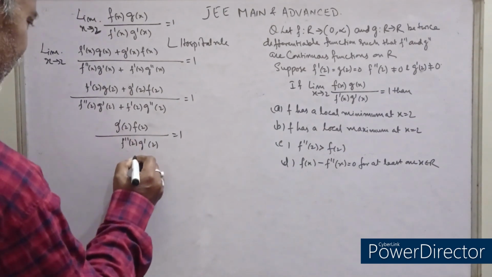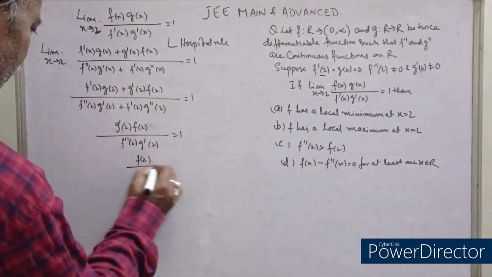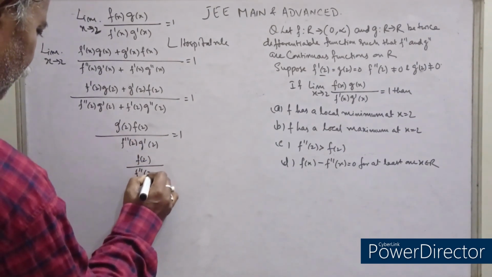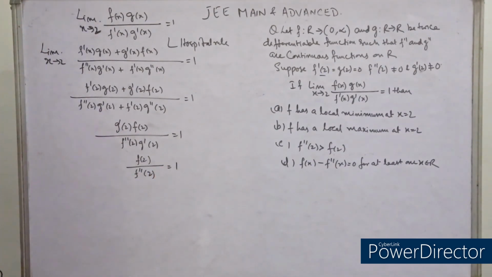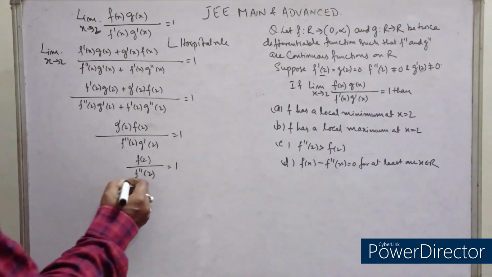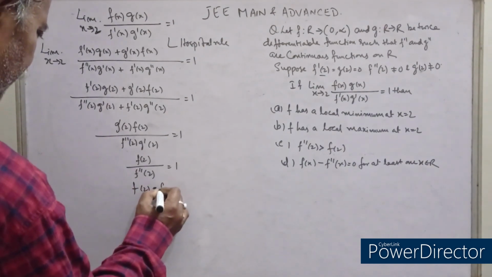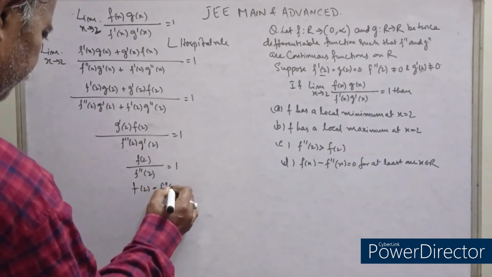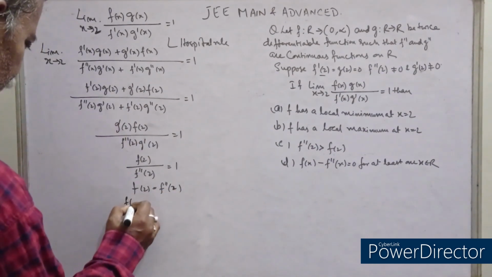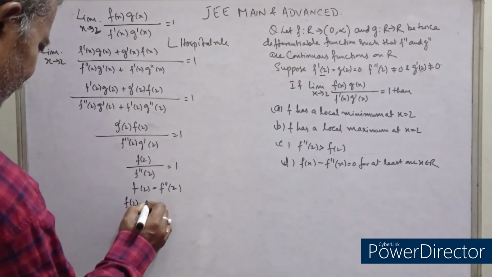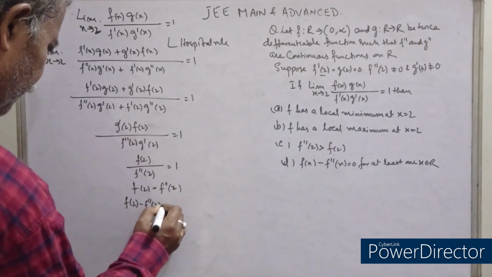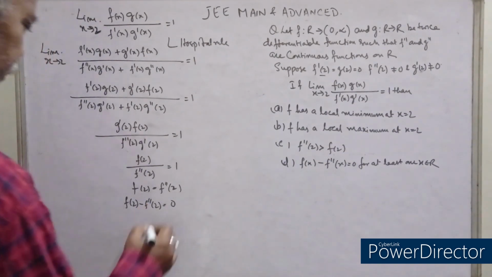This and this cancel out, so f 2 by f double dash 2 is equal to 1. So f 2 is equal to f double dash 2, so f 2 minus f double dash 2 is equal to 0.